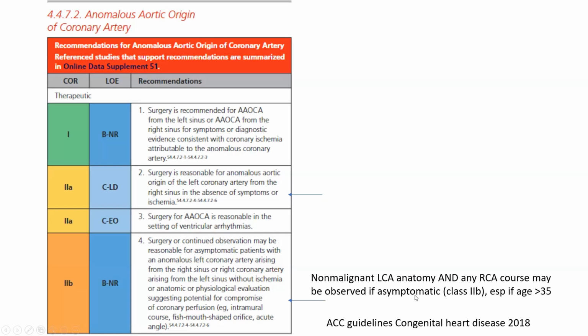So basically, asymptomatic RCA, including the interarterial course, which is the most common anomalous coronary and which you're going to see a lot in your career, much more common than anomalous left coronary from the right, well, if it is asymptomatic with no ischemia clinically or by stress test, it's only a class 2B recommendation to fix it. You have to really probably not do it if it's asymptomatic and over 35.